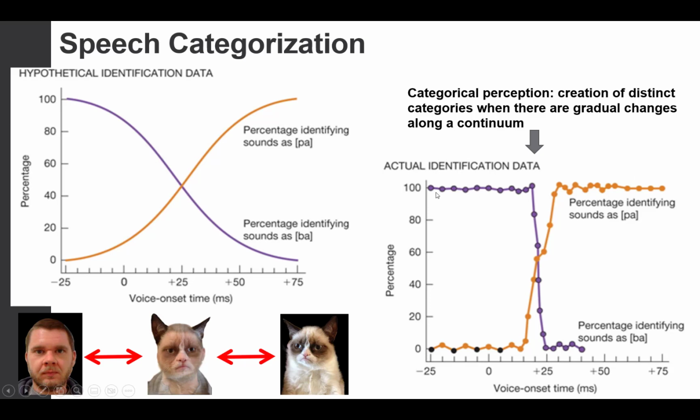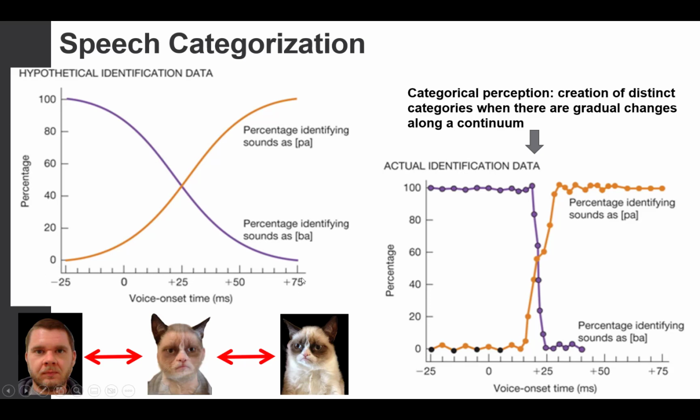People do not perceive phonemes the same as they would perceive the differences between myself and Grumpy Cat. Instead of having a nice S-curve, basically what we have is a standard box here. So in this particular case, the purple line is representing, so I should say on the x-axis here, this is just voice onset time. So over on this side, it's going to be a ba sound.